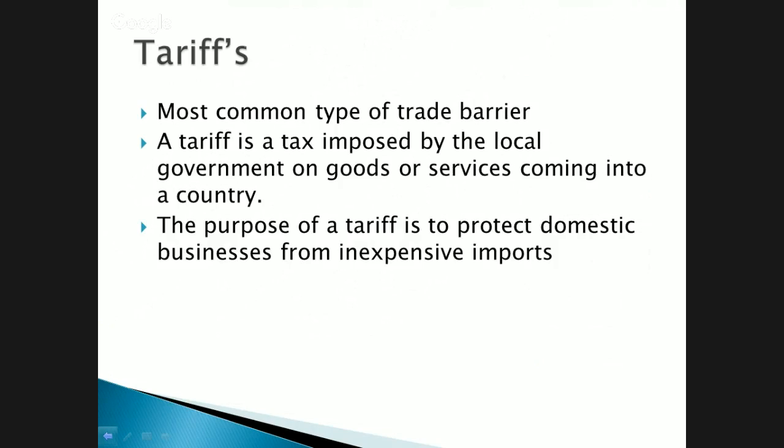So obviously any savvy consumers would opt to buy the less expensive shirt, which leaves the Canadian manufacturer unable to compete. So this is why tariffs are put in place by local governments to protect those local businesses.